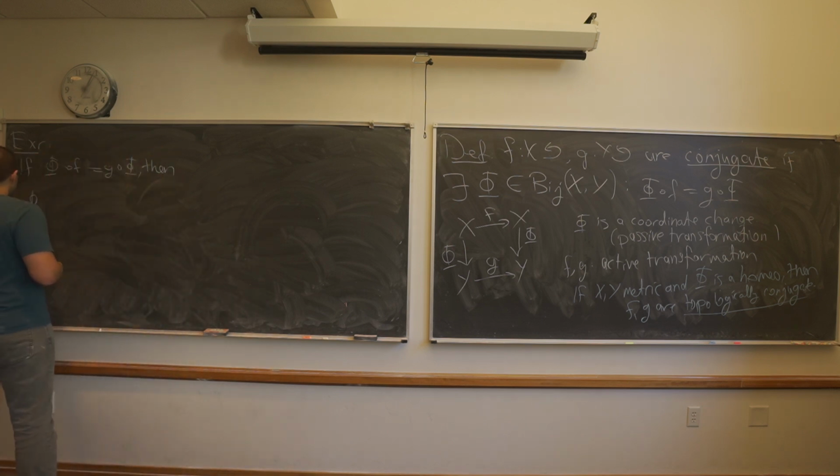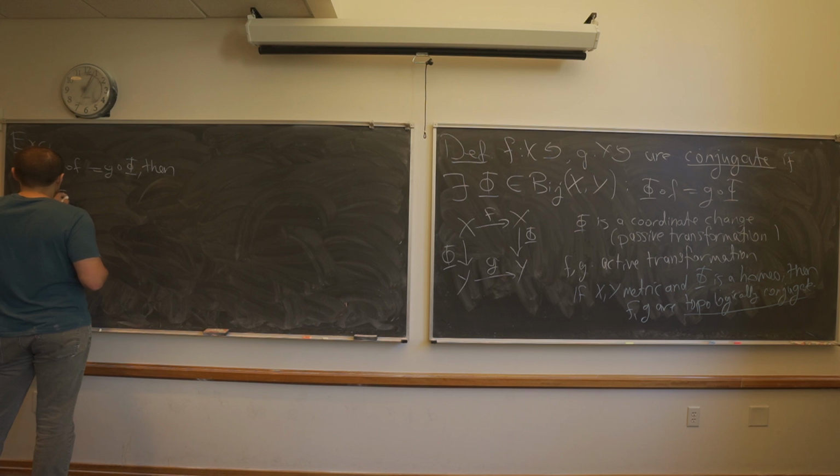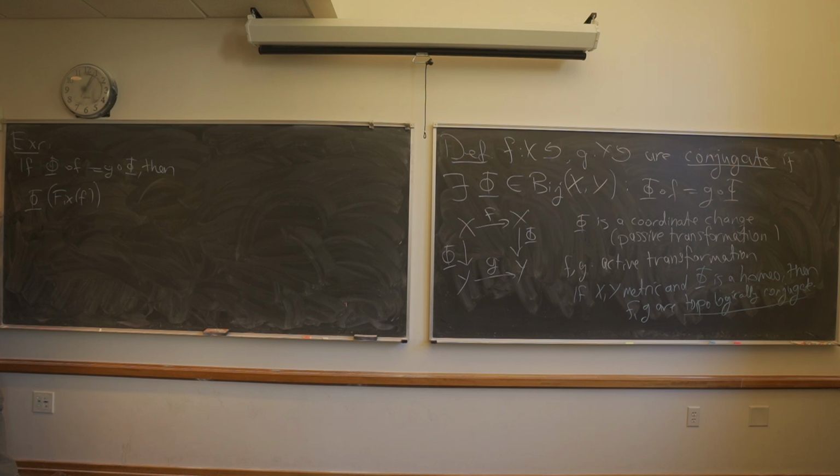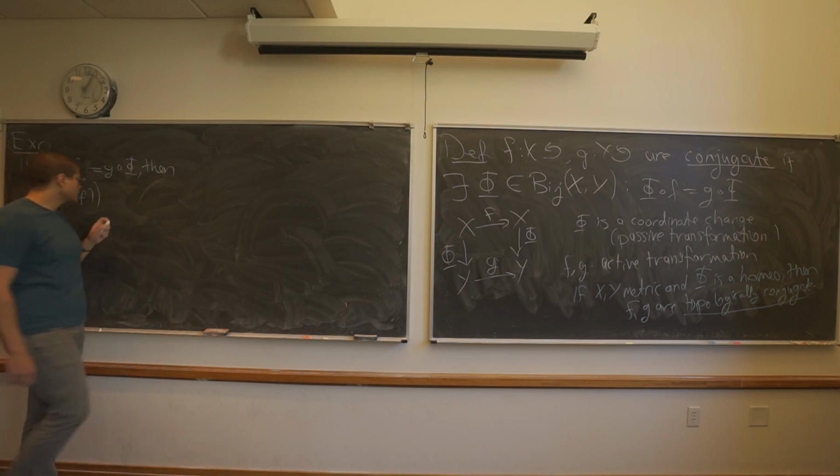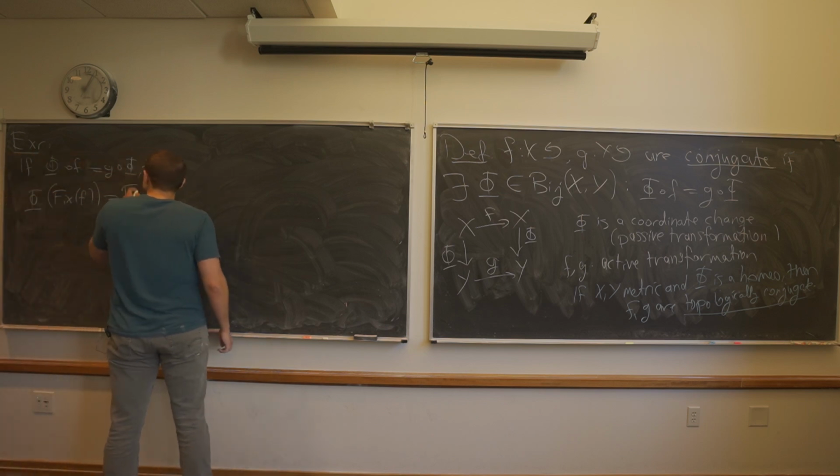So if I were to take a point that is fixed under f and apply my change of coordinates transformation, I should get back a fixed point of g.